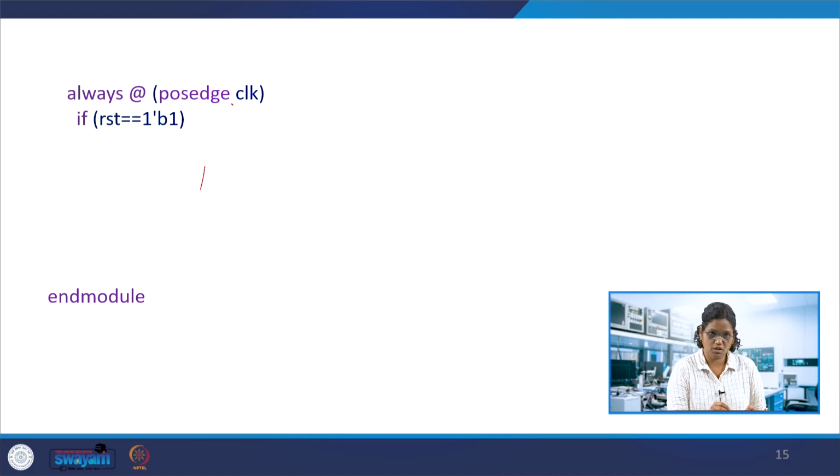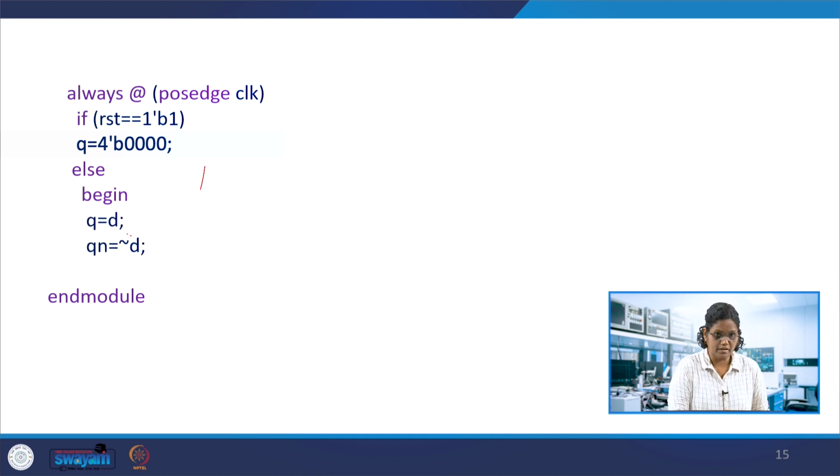So at the positive edge of the clock, if reset is 1, make this Q 4-bit 0000, and else, begin, D is passed to Q, and tilde D to Qn. So Q should be given 0 if reset is 1, else if reset is 0, then pass this D value to Q, and tilde D to Qn, and end.